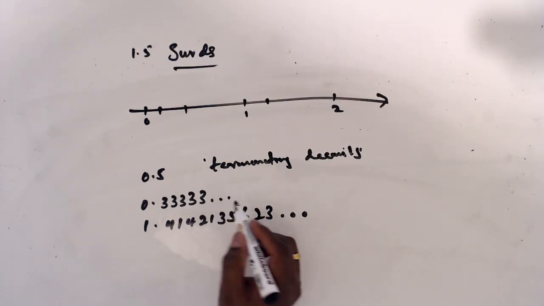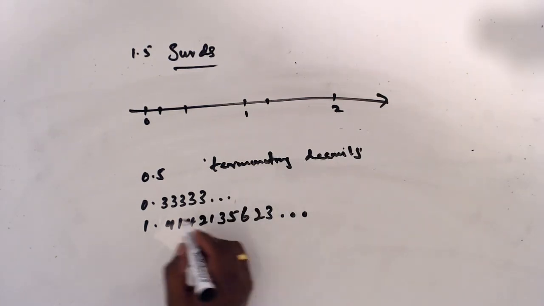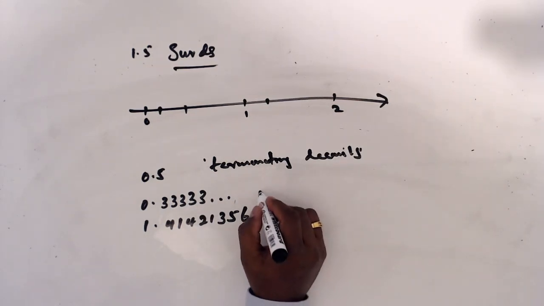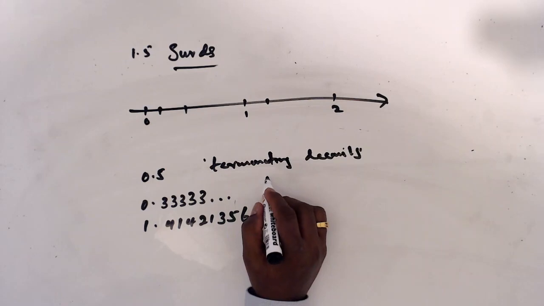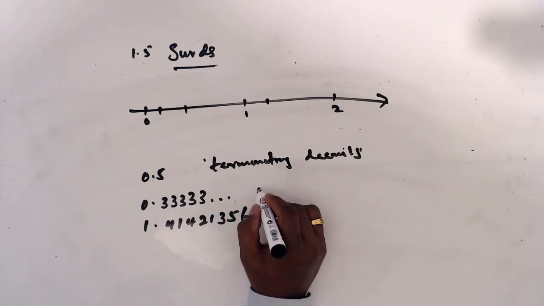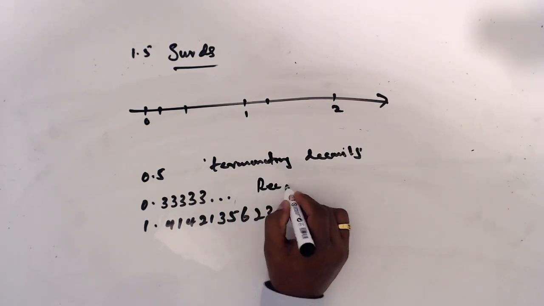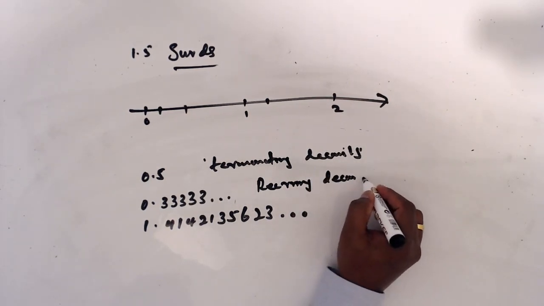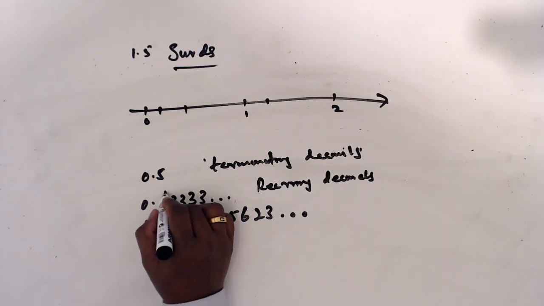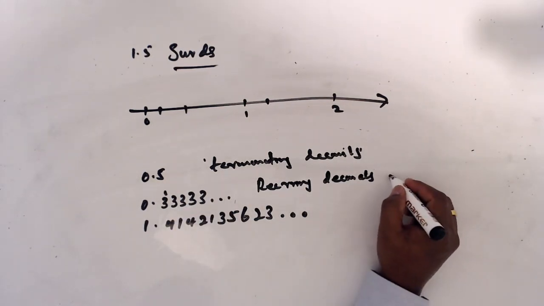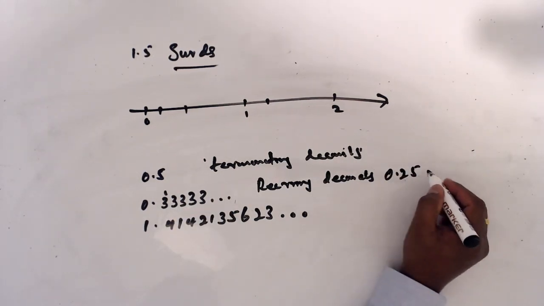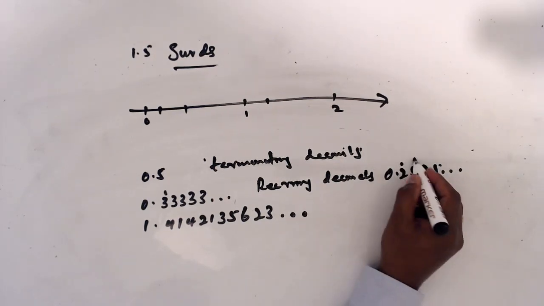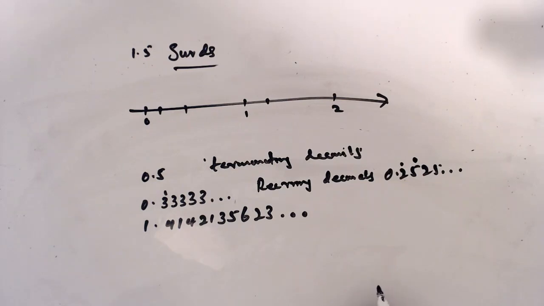Three dots mean it is going on to infinity, and you can see that 3 is recurring. So this set is called recurring decimals. Three is recurring. So if I wrote 0.2525 and so on, you can see that 25 is recurring.